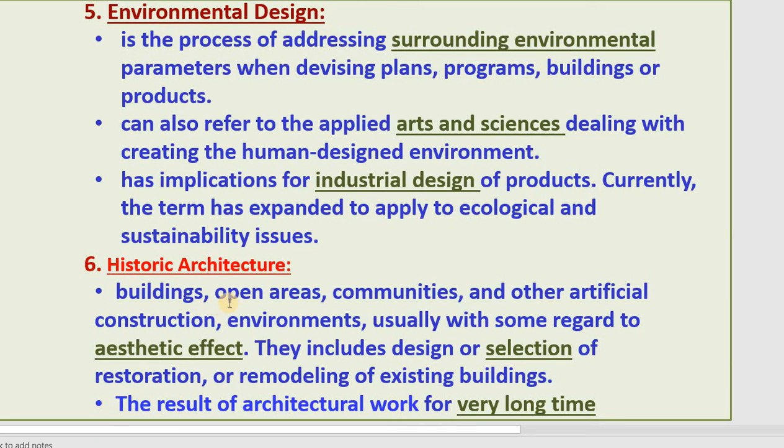Number 6 is historic architecture. A lot of people didn't know about that one, but we have that one. Sometimes we work with that one also. It includes buildings, open areas, communities, or other artificial construction. Environmental, it usually has regard to aesthetic effect. They include design for the selection of restoration or remodel of existing buildings.